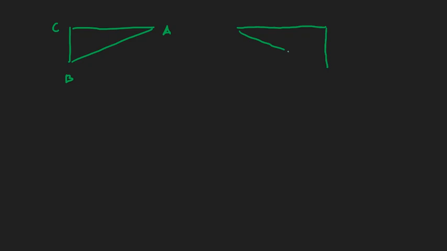Try your best. I know we're just humans. And I'm going to call this D, E, F. So the idea behind this lesson is: is there a rigid motion we can use that would take triangle ABC and map it right on top of triangle DEF? And the answer is yes, right?